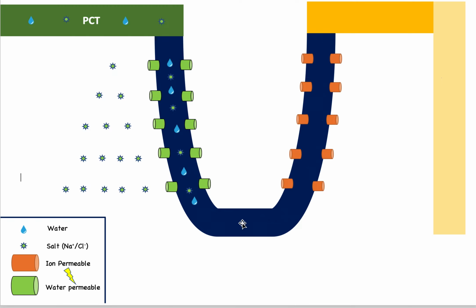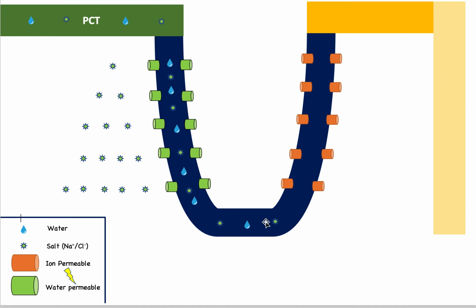But no ions will leave. Very important: no ions will leave because these are not permeable to ions. Only water can leave. So by the time we get here, we will still have some water because not all the water left, just the right amount to try and even out the outside. We'll still have some water left and all our ions, because no ions were able to leave yet.